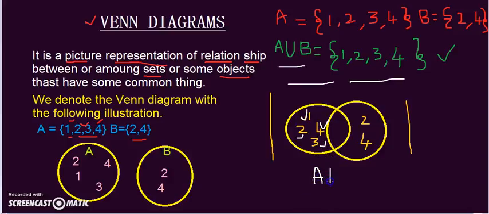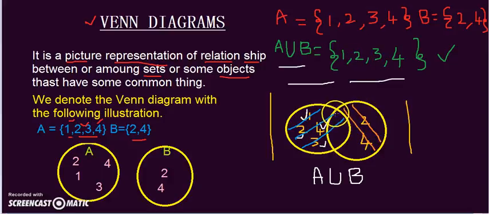So this is how you can represent A union B with the Venn diagram. A union B means all the elements in this A, so I can give shade for this. This is my A as well as this is my B, right?